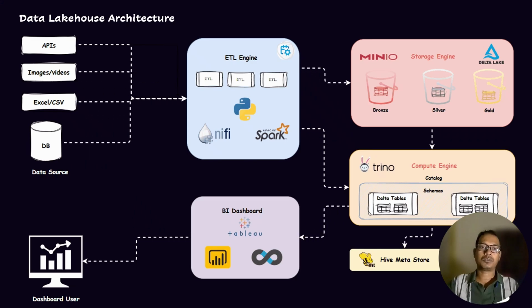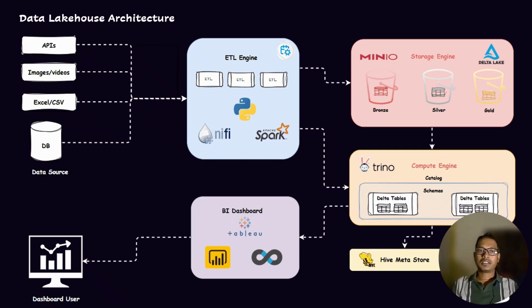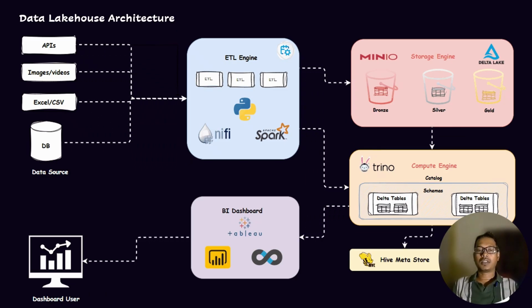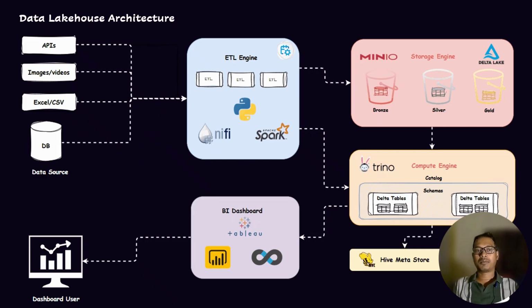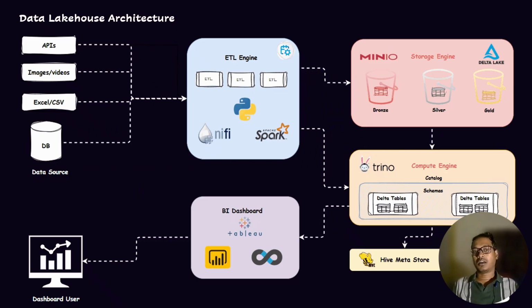Here, if you see the architecture of the Data Lakehouse, it is completely open source. Data will come from different sources like your APIs, images and videos, or flat files like Excel, CSV, or JSON. Data can also come from an RDBMS, like your database storage.